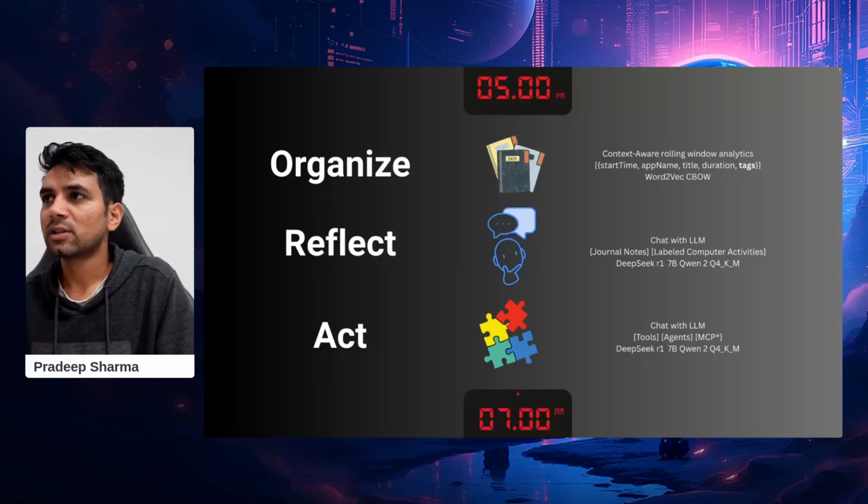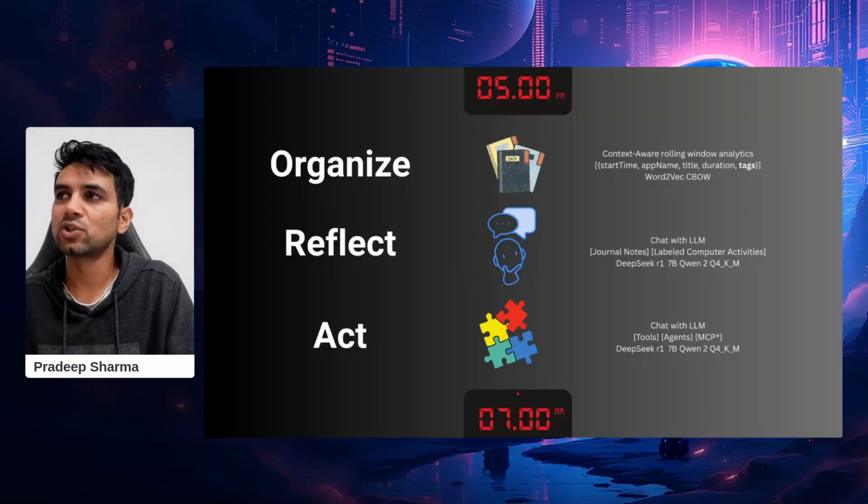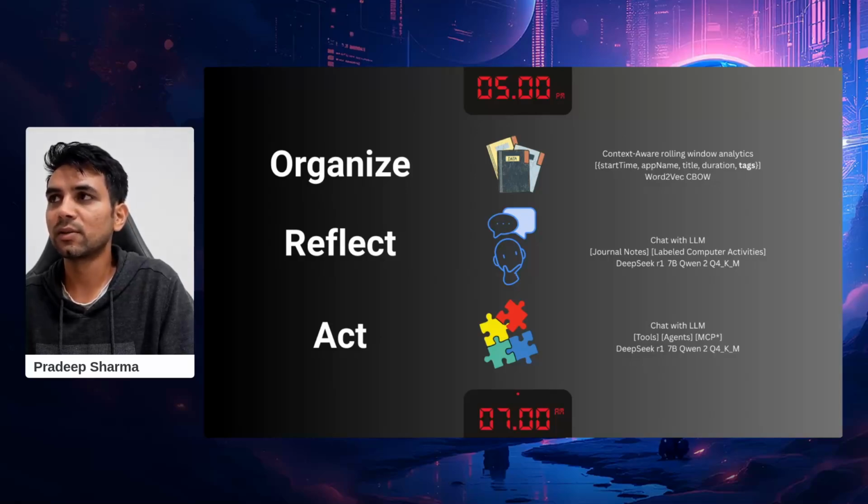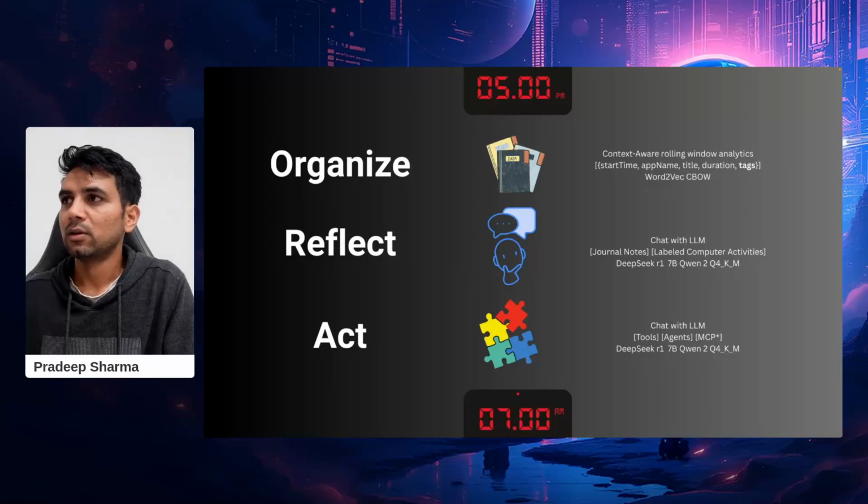And eventually, the third step is to act. This is again another chat with LLM, but sort of the next level of the chat, where we also include tools and agents, and in future support for MCP as well. MCP is model context protocol.